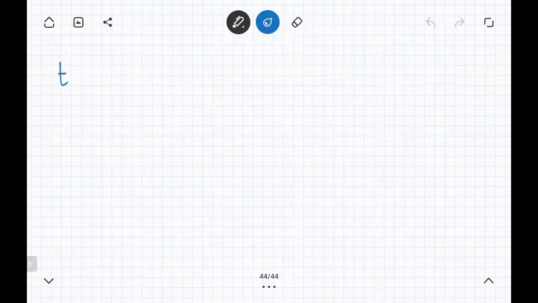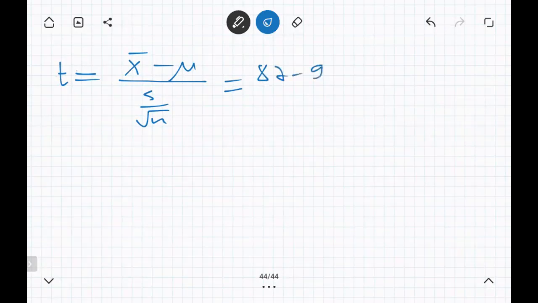Okay, so now I will have to use the t-statistic, and it's my sample mean minus the previous true mean divided by S over square root of n. Oh, okay, there was no need to change the standard deviation. So 87 minus 90 over 9 times square root of 50, because our sample size was 50.